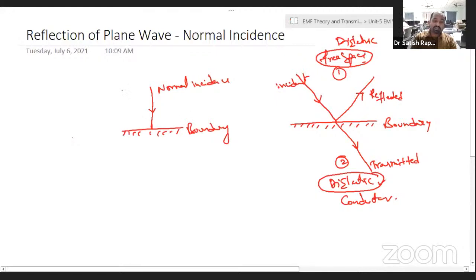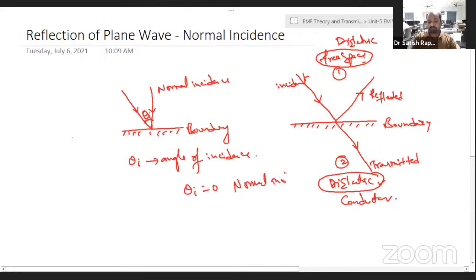When the wave is incident at a certain angle on the boundary, this is called theta I, the angle of incidence. When the angle of incidence theta I is equal to 0, it is normal incidence.